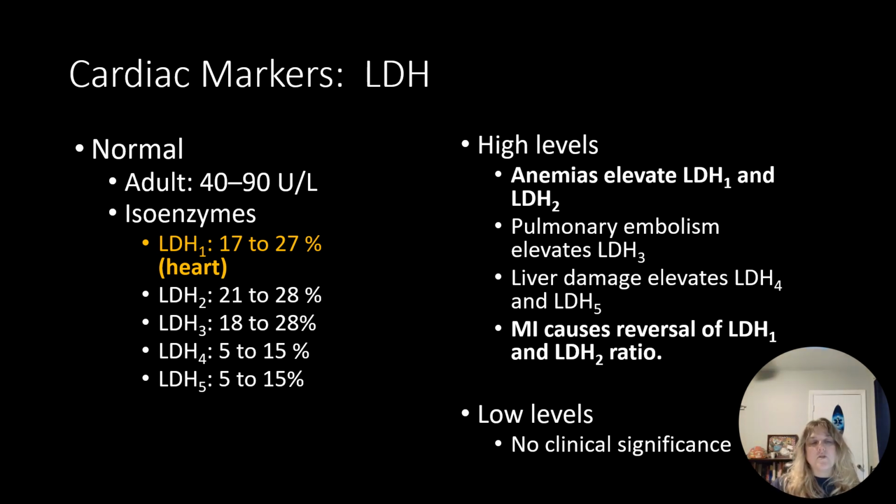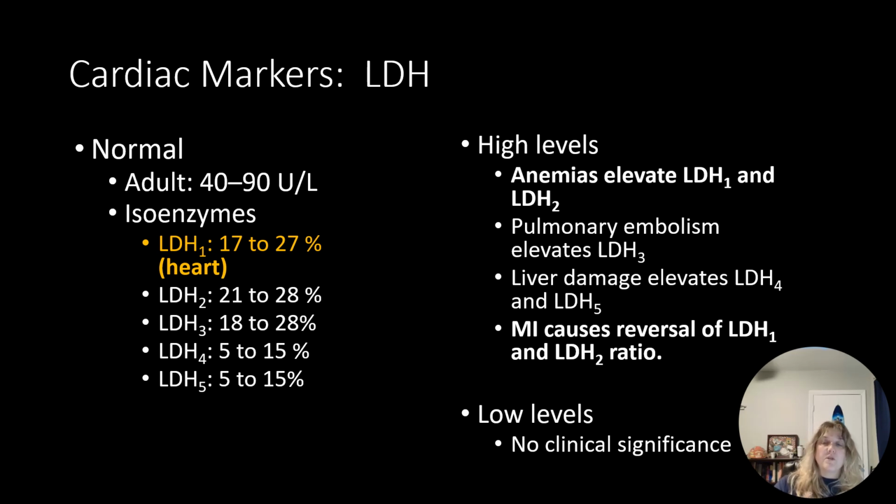Your isoenzymes, just like with the CK, where you had CKBB, MB, and MM, in this case you have LD1 through LD5. The one that's specific for the heart is LD1. This should be 17 to 27%. Anytime you have a high level, anemias will elevate LDH1 and 2.